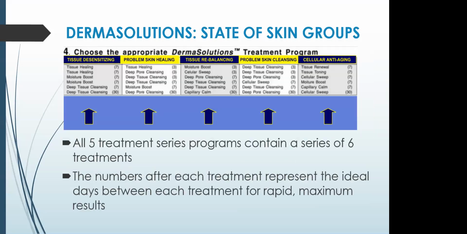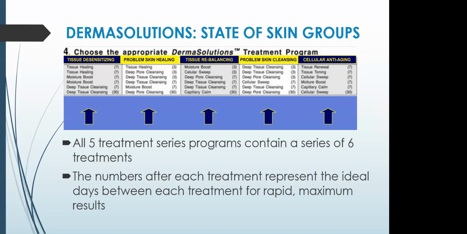Directly below unbalanced is a list of 5 treatment series. And within these, there are 6 treatments for each of these. So we have our tissue desensitizing treatment series, a treatment series called Problem Skin Healing, and a series called Tissue Rebalancing, Problem Skin Clearing, and Cellular Aging. So all 5 treatment series contain their 6 treatments.